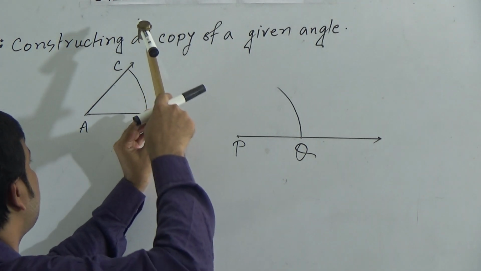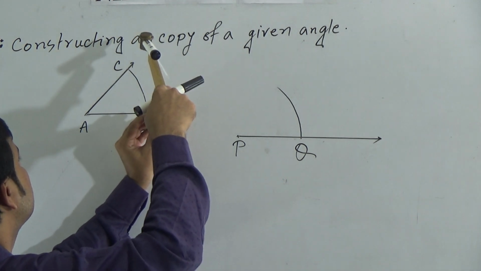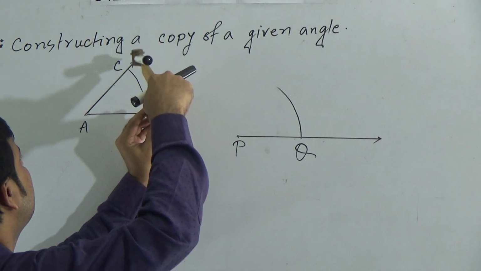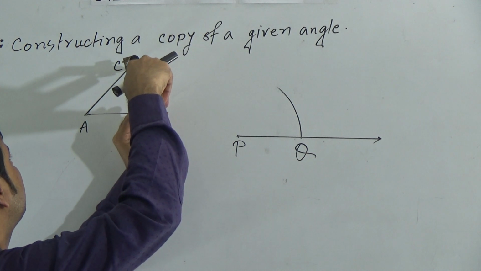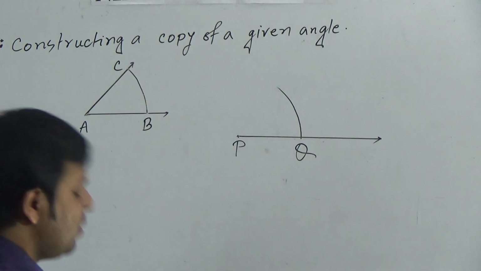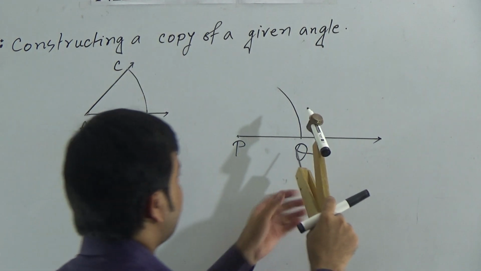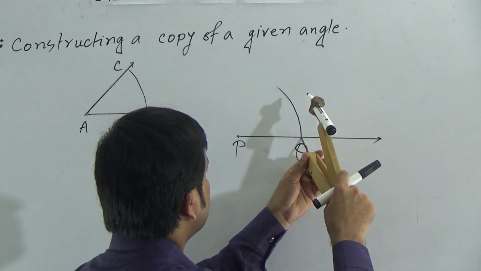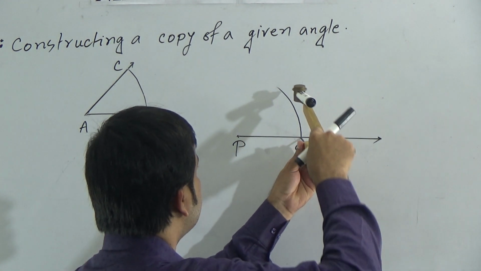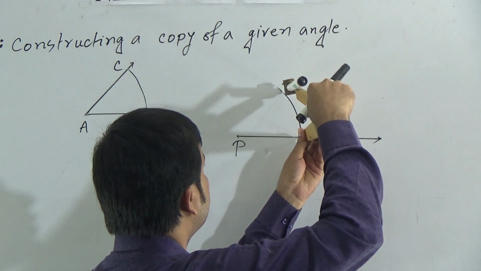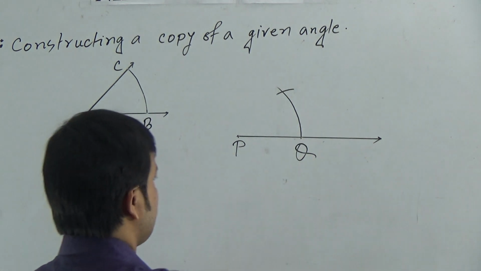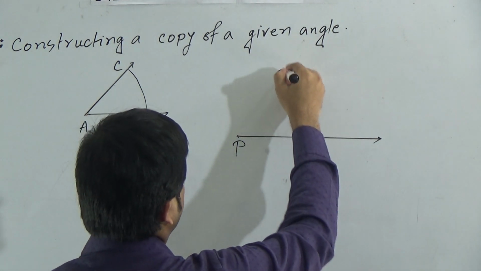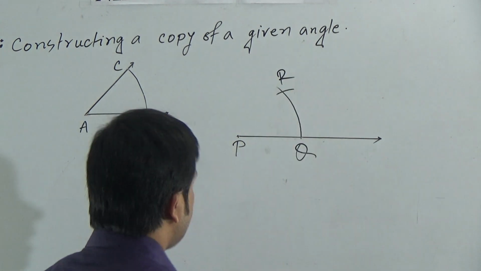It means set the pencil compass to the length BC. Now taking the same radius with Q as center, draw another arc which intersects the previous arc at R.